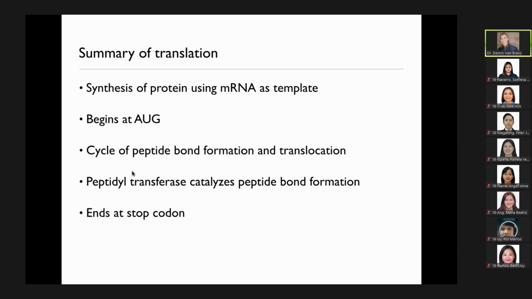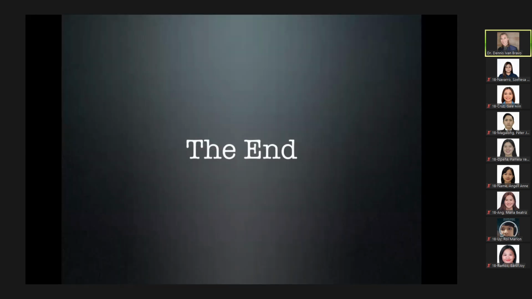Translation is described as a repeated cycle of peptide bond formation followed by translocation, with the peptide bond synthesized by the enzyme called peptidyl transferase, a ribozyme found on the large ribosomal subunit. And the process of translation ends in the stop codon. Any of the 3 stop codons may be used. So that ends our lecture for today.